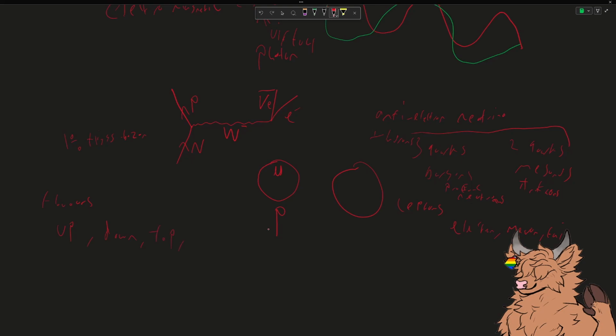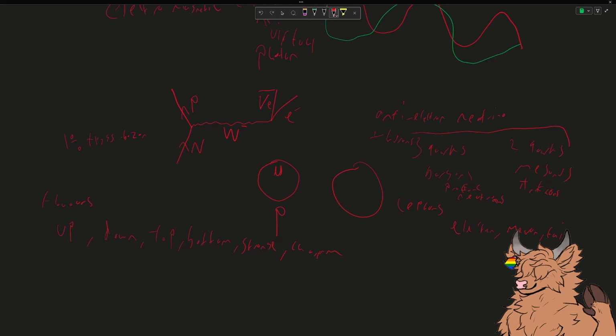Top, bottom, strange, charm, and there's no such thing as a party rock anthem quark, unfortunately.